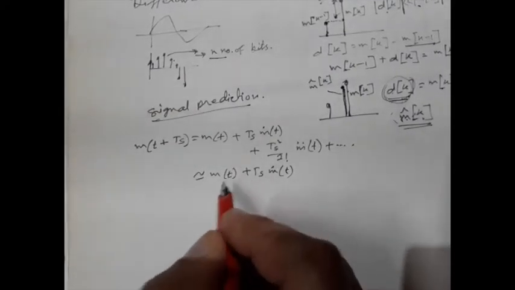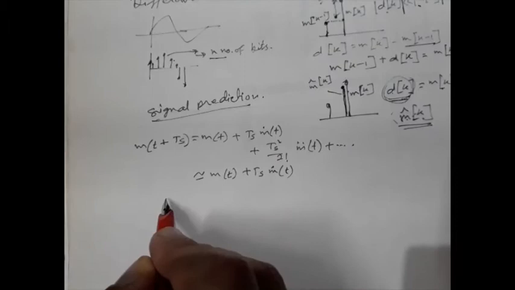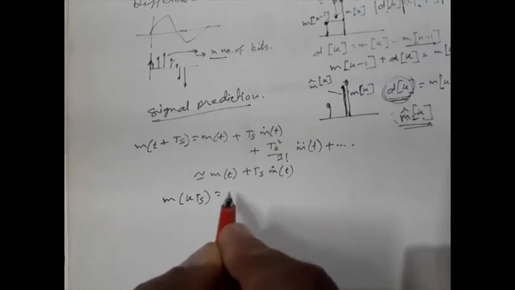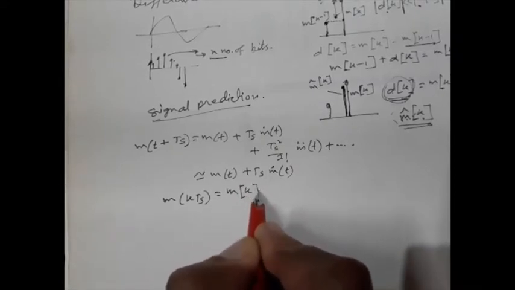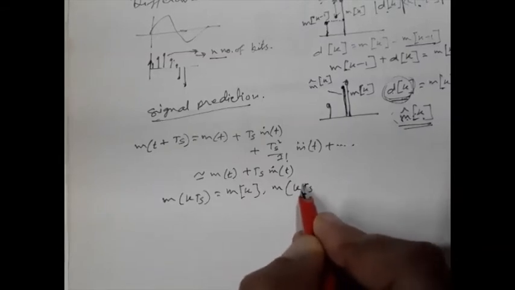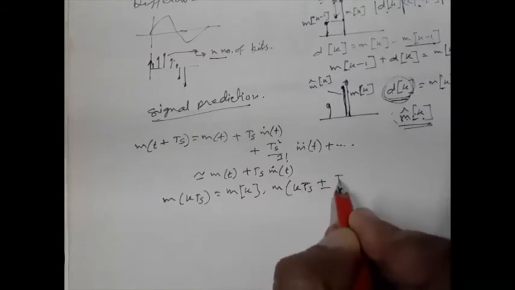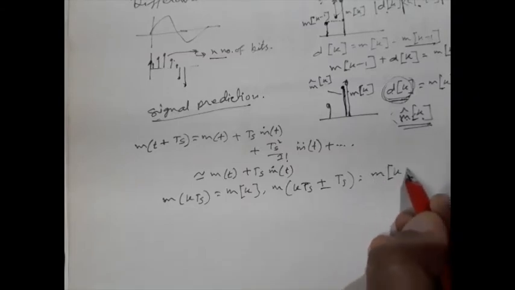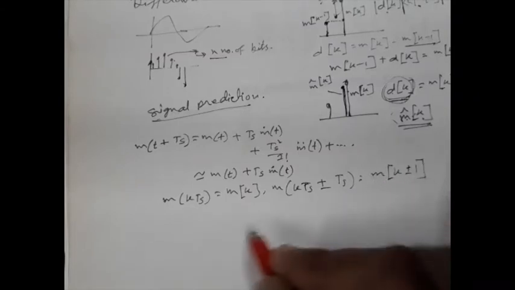Now changing this notation from this continuous domain to discrete domain in this way, that the kth sample can be written as m[k]. So m(kTs plus minus Ts) can be written as m[k plus minus 1] and so on.